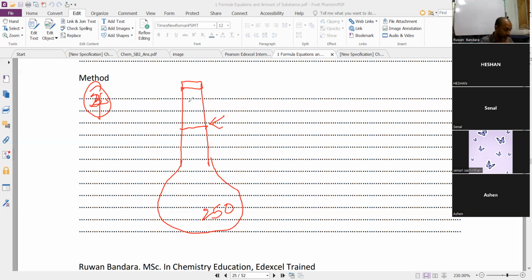Eight times invert the flask and mix. Stopper the flask itself, and invert it several times to make a uniform solution.